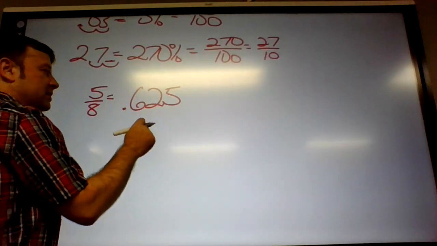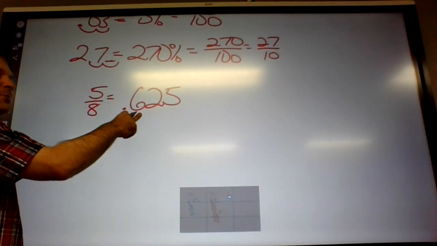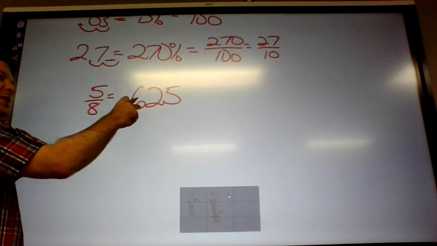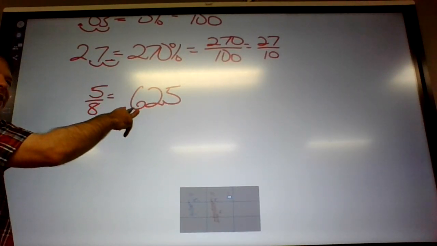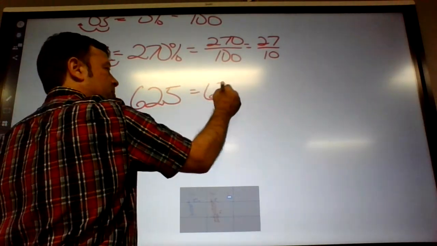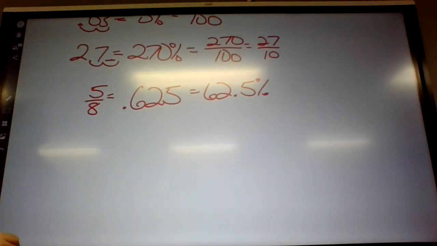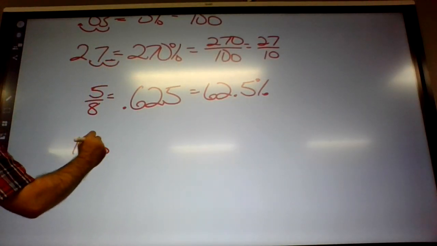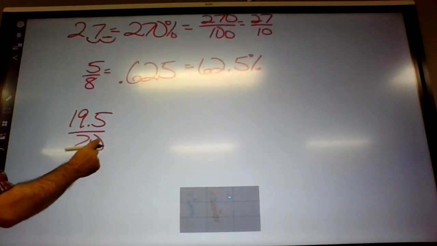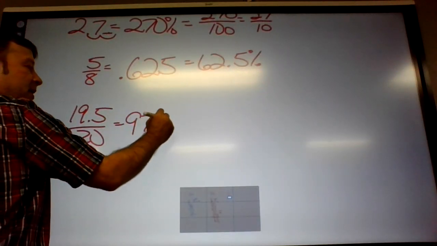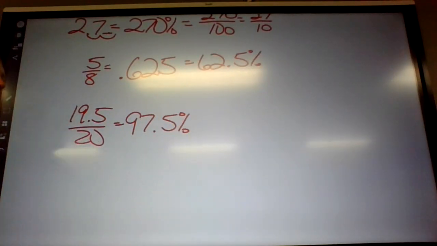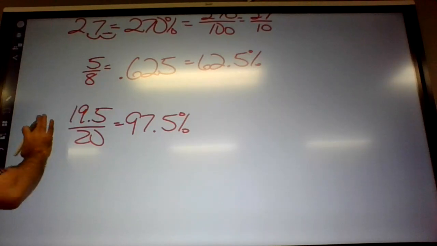Well, it might spit out a fraction, but you need to hit the decimal button to change it. But 0.625, and then what's that as a percent? 62.5%. So there can be decimals inside of percents. It can be a little bit confusing. Sometimes on your homework, somebody will get a 19.5 out of 20, and I'll write that's a 97.5%.